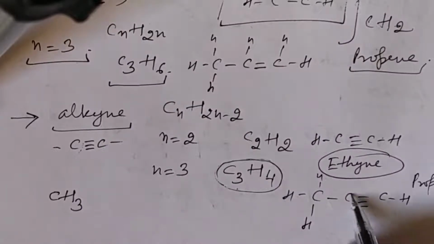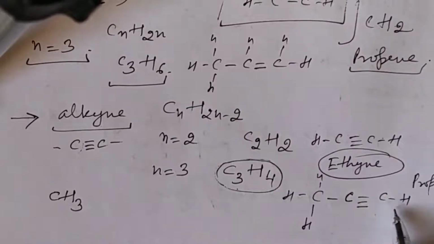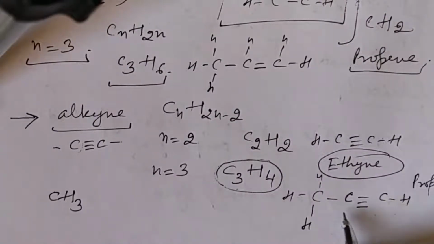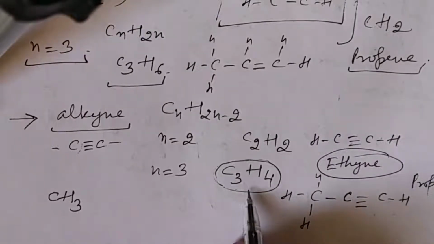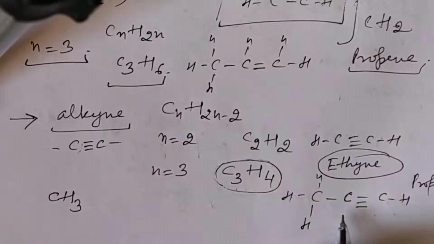So here in the propyne molecule there is a triple bond, completing all the valencies of carbon with hydrogen atoms, and you can cross check your structural formula, match the number of carbon and hydrogen atoms with the respective molecular formula of the compound. If they are matching, then you have written the correct structural formula of the compound.